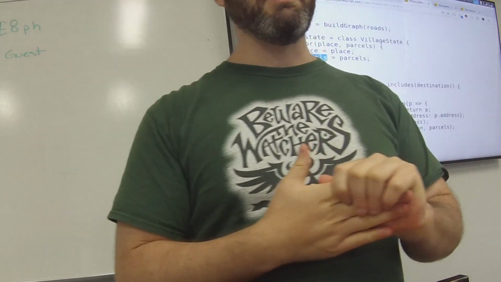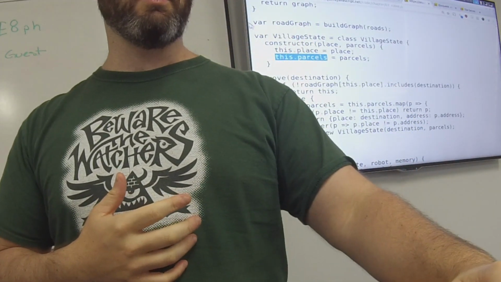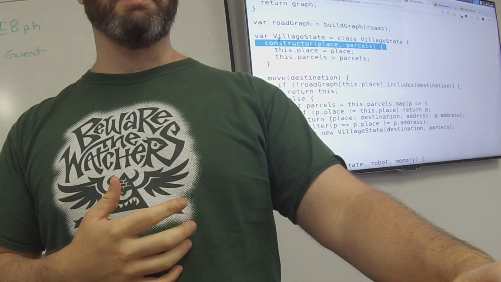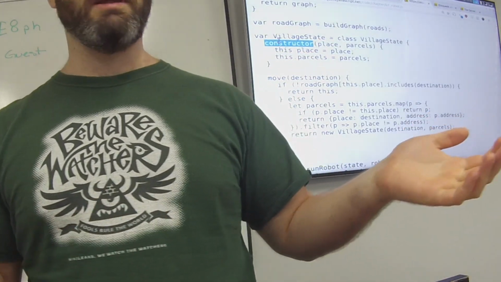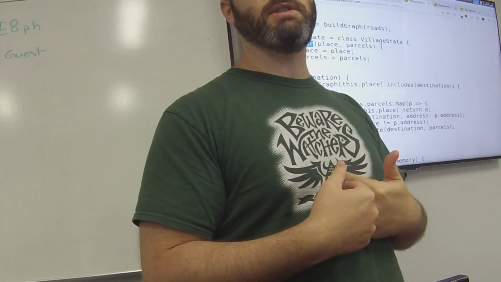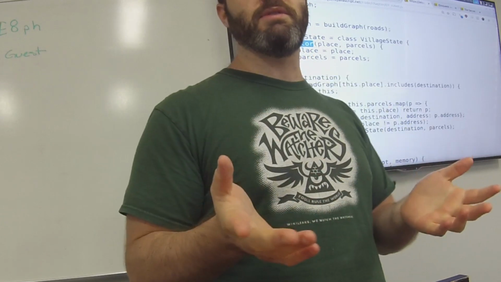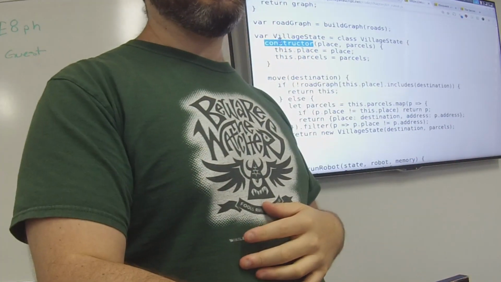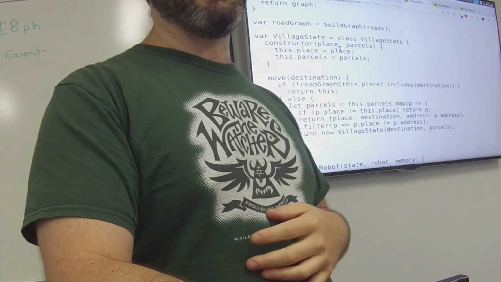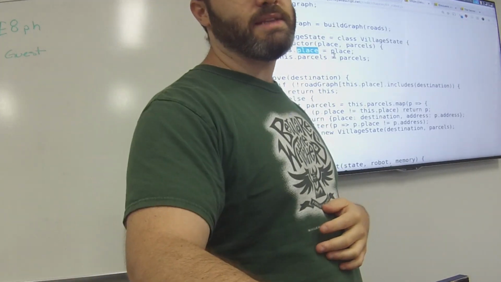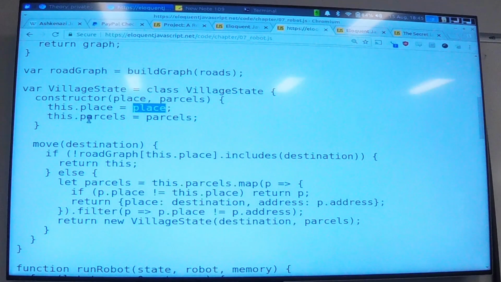In JavaScript, you simply declare it by using the word constructor, which looks like a function, and it is. It's a special function. But it has access. It's the first function that gets a this. And then it can play with the this that it gets. So here it's taking its this, and it's defining a place property on it, and it's setting it equal to place. And it's also defining a parcels object, and it's setting it equal to parcels.